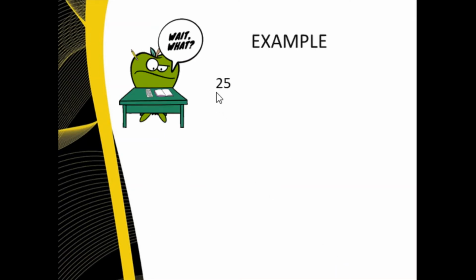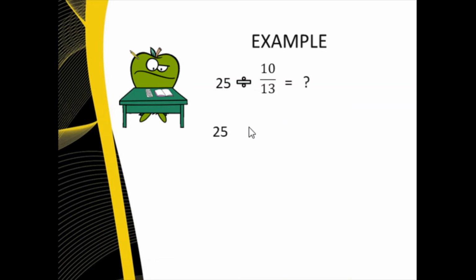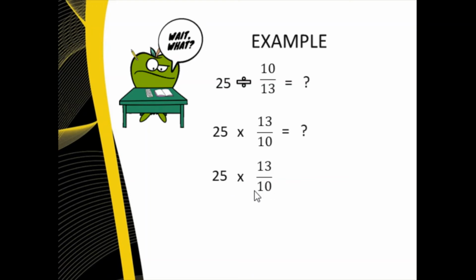Example, let's have 25 divided by 10 over 13. Find the reciprocal. You get 25 times 13 over 10 equals 25 times 13 over 10. 25 and 10 can be changed into a smaller value. We divide them both by 5. 25 divided by 5 is 5. 10 divided by 5 is 2.